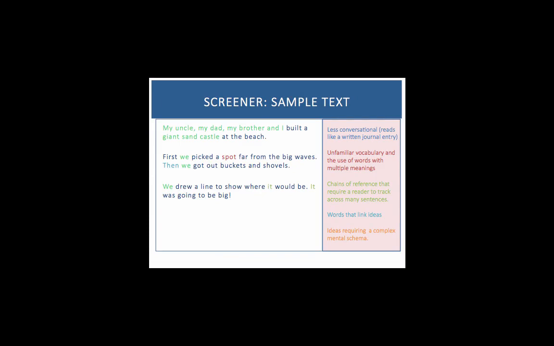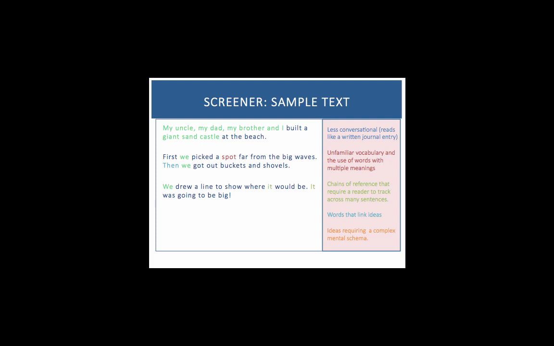Now let's turn to this screener. If you're looking at this text, you'll notice that it's quite different from the previous text. While the prior text is at a student's instructional level, this text is at grade level. You'll note that the tone is much less conversational. There is certainly unfamiliar vocabulary and the use of words that have multiple meanings.